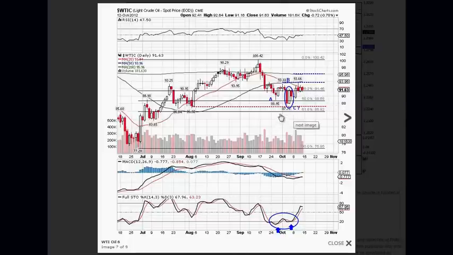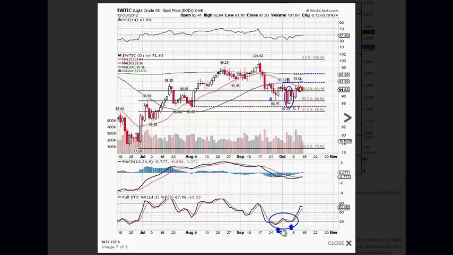So triple digits are possibly in sight if we carry on moving higher. There is a huge amount of geopolitical element in this price. So we have the issue with Turkey and Syria, and obviously Iran and Israel. So there's a huge amount of geopolitical weight in this price action. From the technical levels, it looks bullish if it breaks higher.